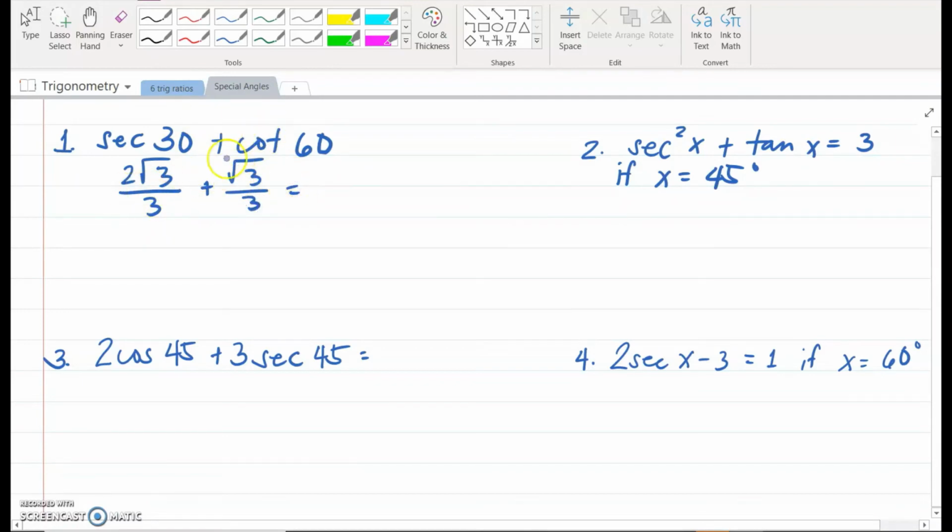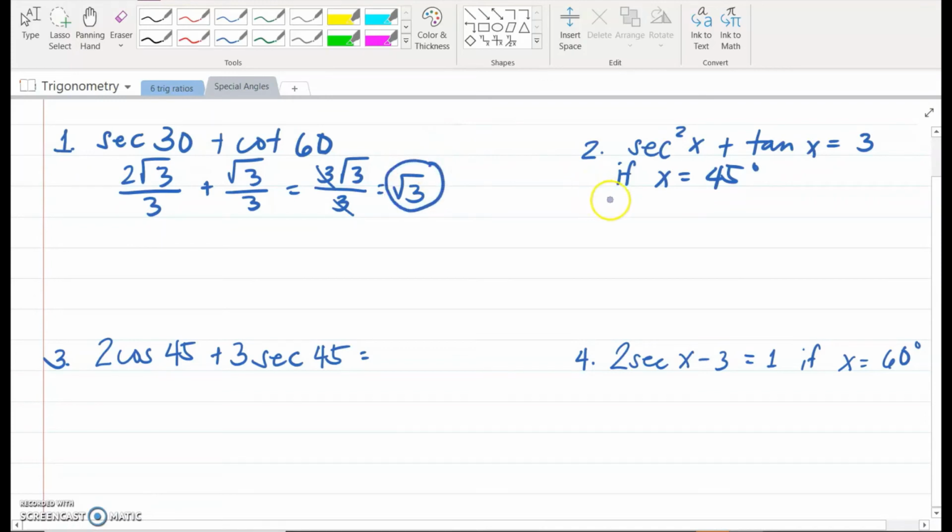To add these radicals, add the numbers outside the radicals. So you have 2 plus 1, so that's 3. Copy the radical, square root of 3. Then copy the common denominator, which is 3. Just cancel this one. So the answer is square root of 3. So secant 30 plus cotangent 60 is square root of 3.